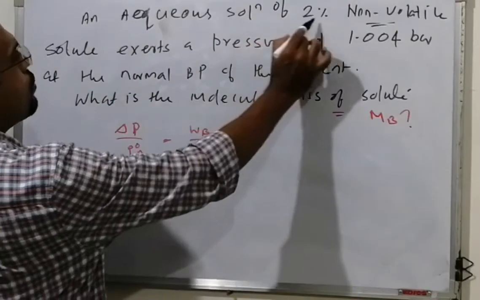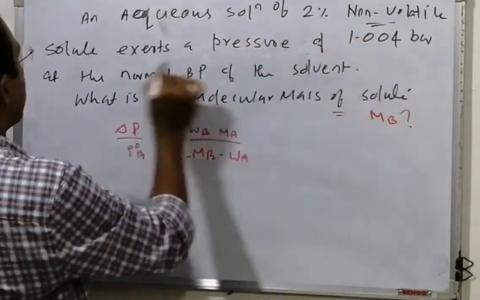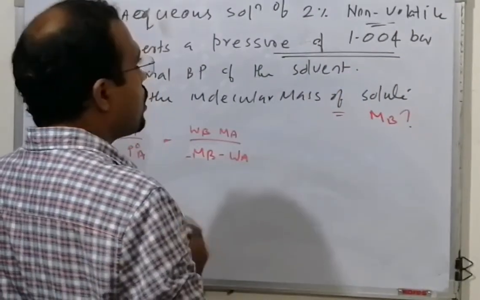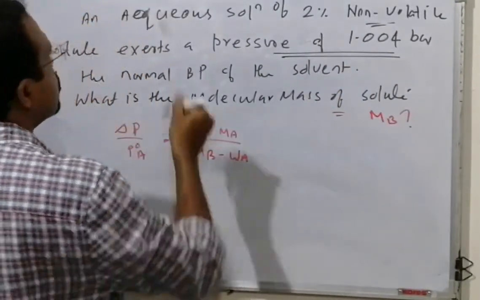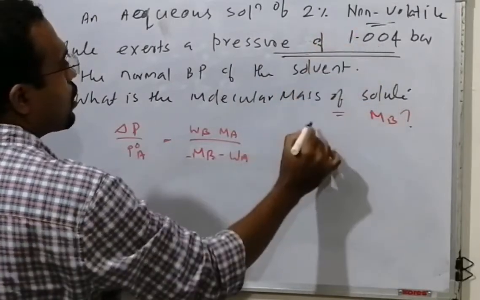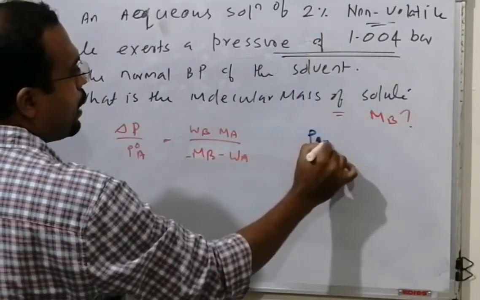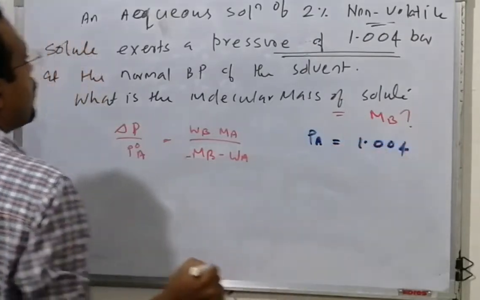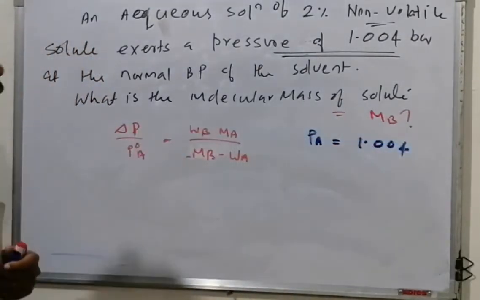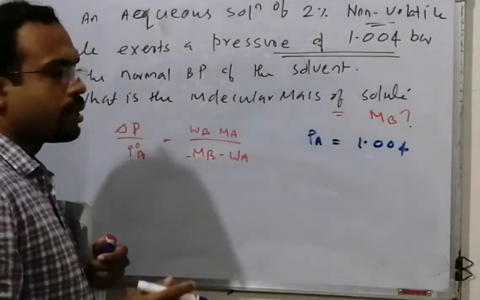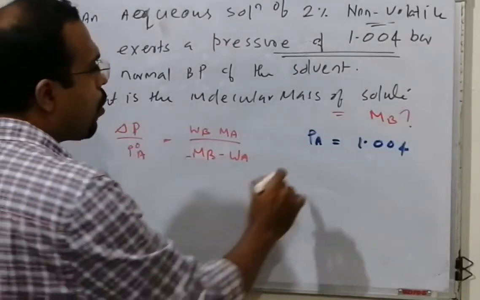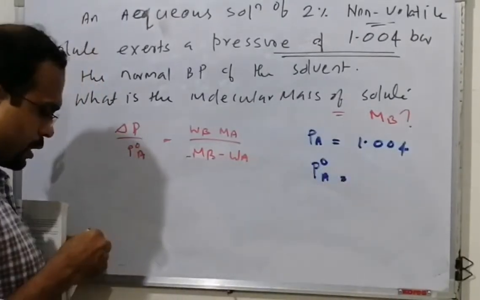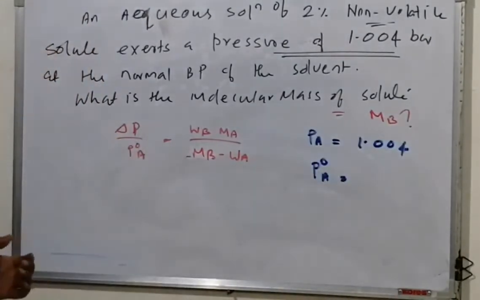An aqueous solution of 2% non-volatile solute exerts this pressure. Therefore, this is nothing but PA, that is 1.004. At the normal boiling point, what is P0? Aqueous solution means the solvent is water.